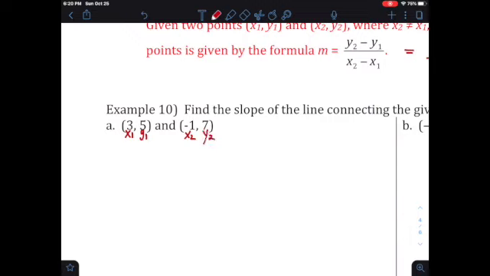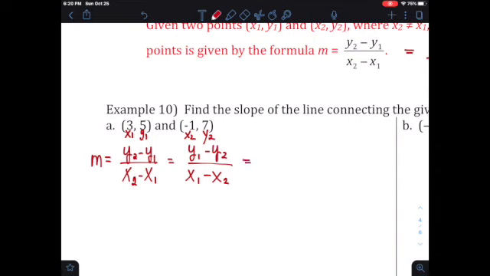The slope formula is m equals y2 minus y1 over x2 minus x1, or you can interchange it as y1 minus y2 over x1 minus x2. I don't care which one you use, whatever you feel like. Now, remember it's y minus y, x minus x, so do not mix up the x and y.